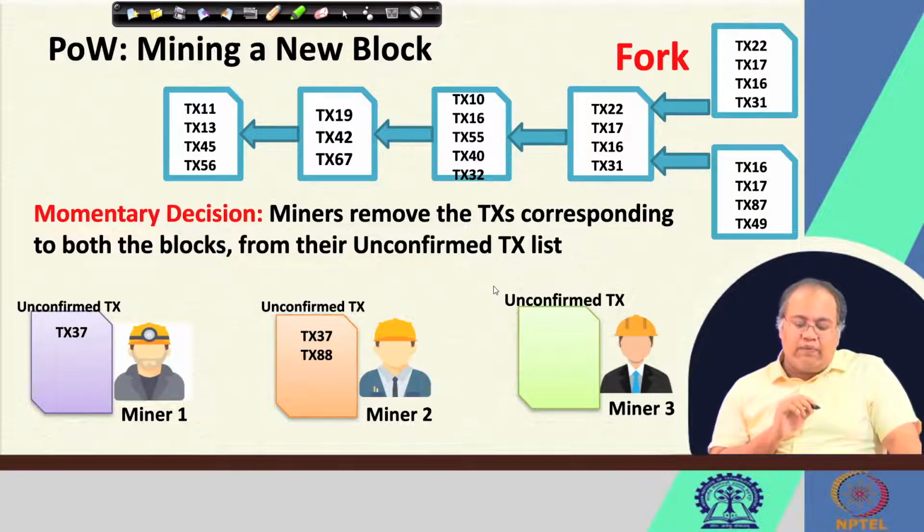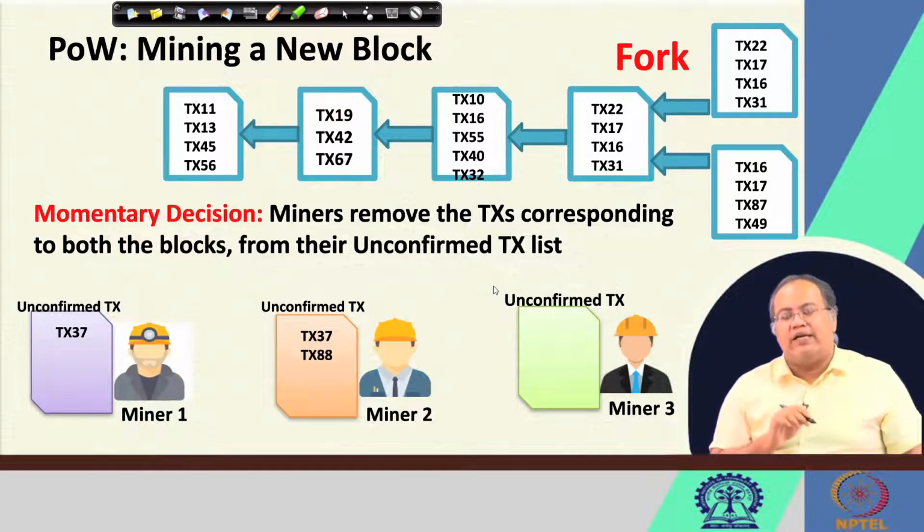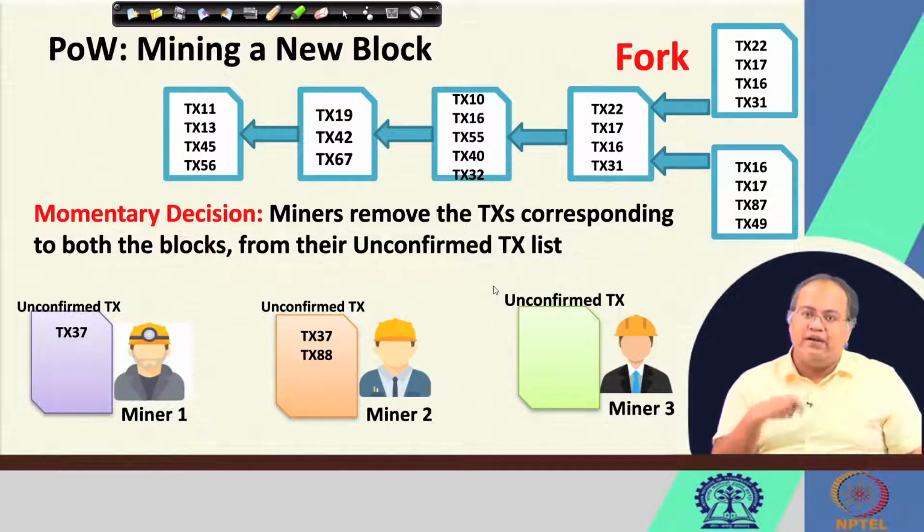So, what the miners do is that momentarily the miners remove the transactions corresponding to both the blocks from their unconfirmed transaction list. Earlier we have seen that whenever a block gets committed in the blockchain and the miners are able to see that updated block, they remove the transactions corresponding to that block from their unconfirmed transaction list.